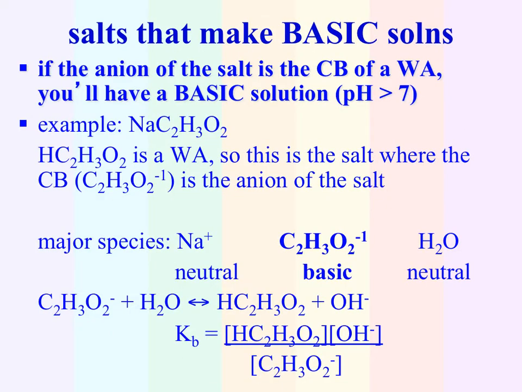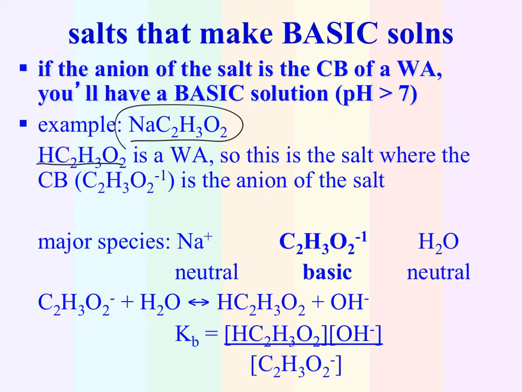Okay, so salts that make basic solutions: basically, guys, if you have an anion that's part of a salt and is the conjugate base of a weak acid, you're going to end up with a basic solution. So if we look at this situation here, sodium acetate, the acetate ion is going to be the conjugate base of the weak acid, acetic acid.